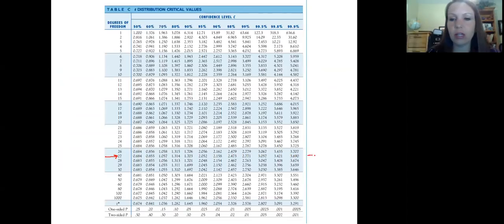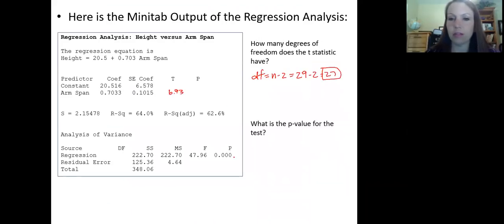It's somewhere way out here, falling off the charts, which means my p-value is really small, practically 0, less than 0.0005. Any of those will work. So p-value less than 0.0005, or pretty close to 0.